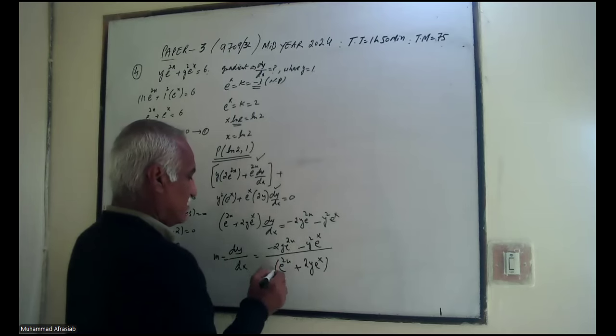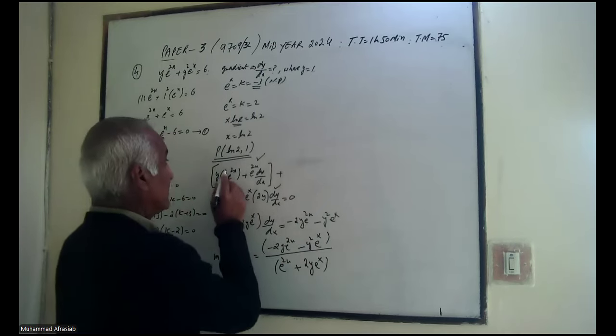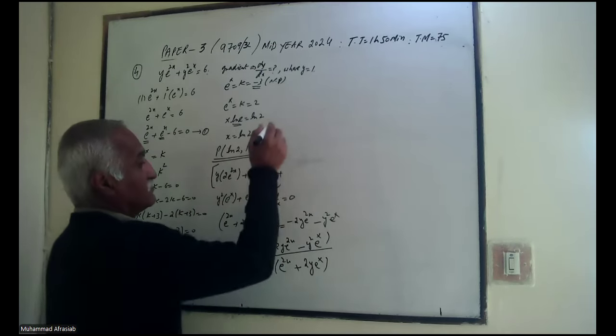Now we put the point P in this, which is (ln 2, 1).